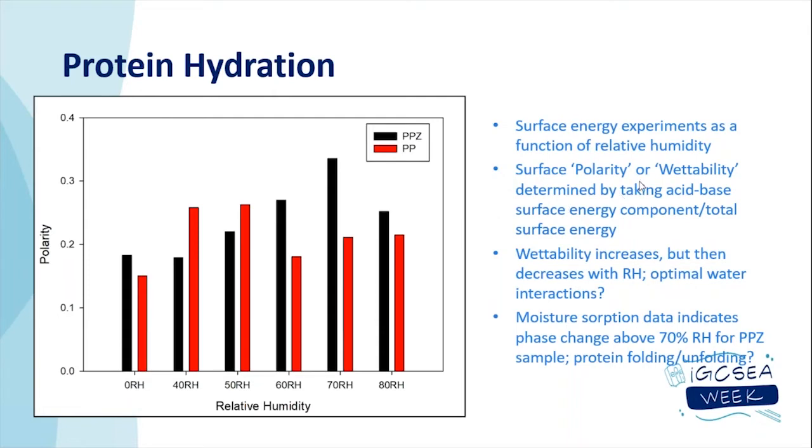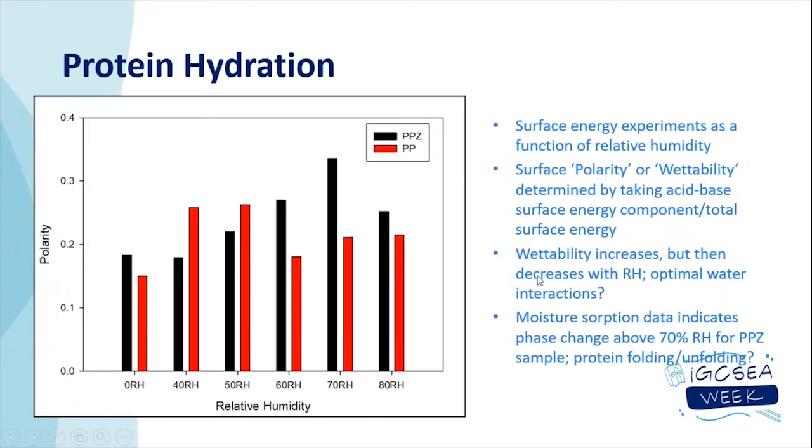We do see some changes as we go from 0% relative humidity to 70% relative humidity, a strong dependence. Not shown here is that some of the moisture absorption data taken by DVS does indicate there might be a phase change above 70% RH for the PPZ sample, which is the one that included the protein, which may include some other restructuring of the protein.